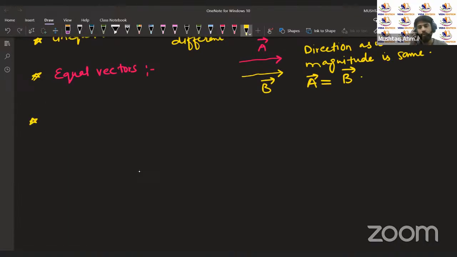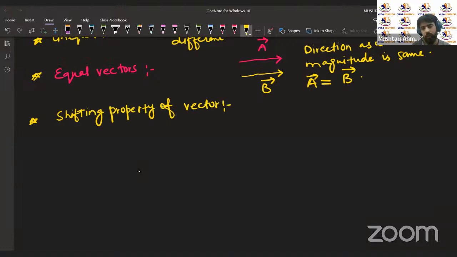There is one more important property of vectors, which we call the shifting property of vectors. This is very important. Suppose this is the vector A, directed in some random direction like in this diagram.